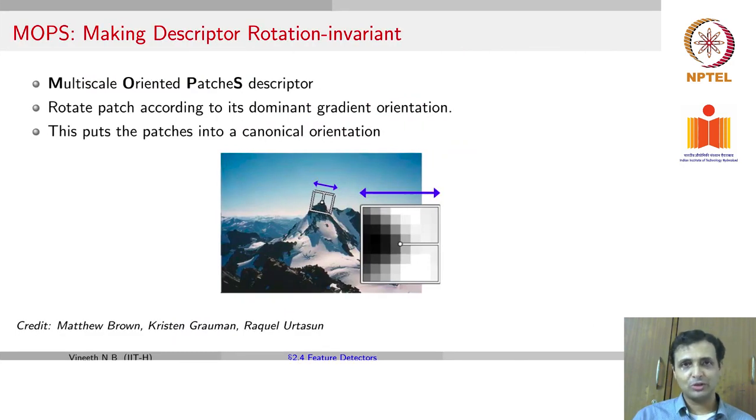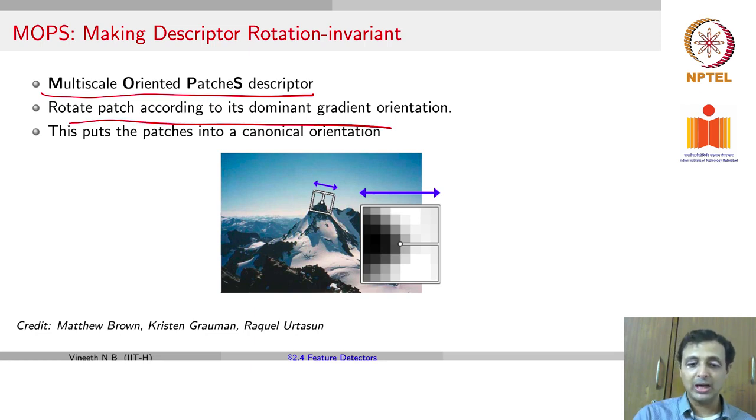There's also another variant of SIFT called MOPS. MOPS stands for Multi-Scale Oriented Patches Descriptor. In this case, the patch that you have around the key point is rotated according to its dominant gradient orientation, and then you compute your histogram and the descriptor. Why is this useful?